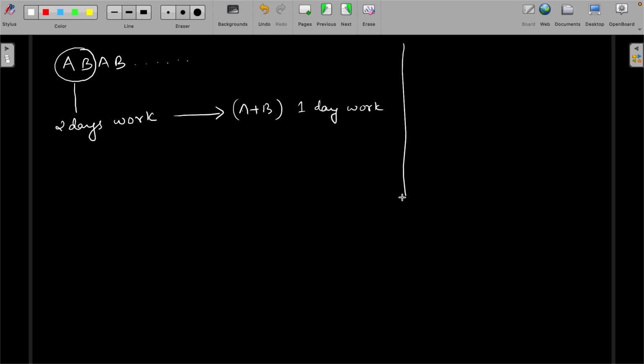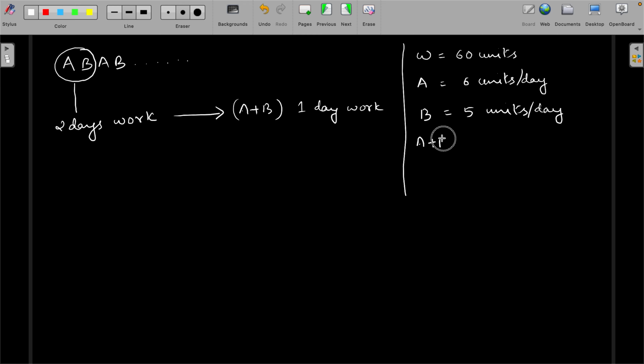In the previous video, we have already seen that the total work is 60 units, A's individual work is 6 units per day, B's individual work is 5 units per day, and A plus B's work is 11 units per day.